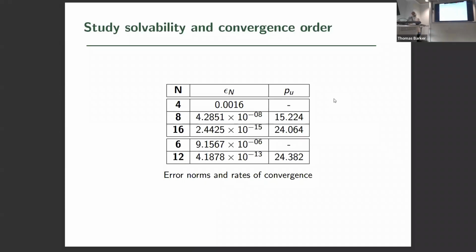Here, to prove the accuracy of the proposed method, I calculated the max error, and as we see here, we have decreasing max error with increasing values of the spatial parameter N. And this shows the convergence. This shows the convergence of velocity, which is approximately 24 in space. And here in the last column, we have three values of order of convergence for three pairs of N.